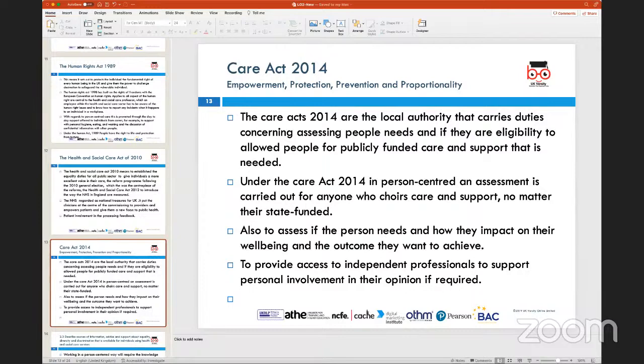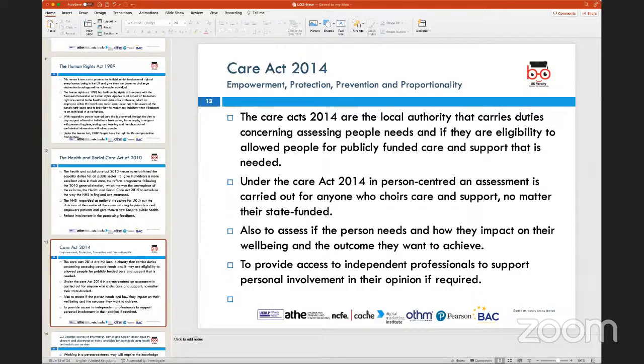So this act created provisions for social care services to be provided to adults. With the person-centered approach, we are looking at promoting individual well-being, safeguarding for adults at risk, and providing them better support through social carers and social workers who would provide this support as carers.